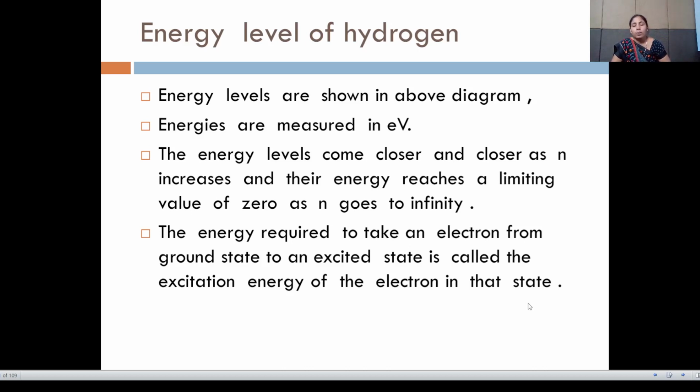The energy required to take an electron from the ground state to an excited state is called the excitation energy of the electron in that state.